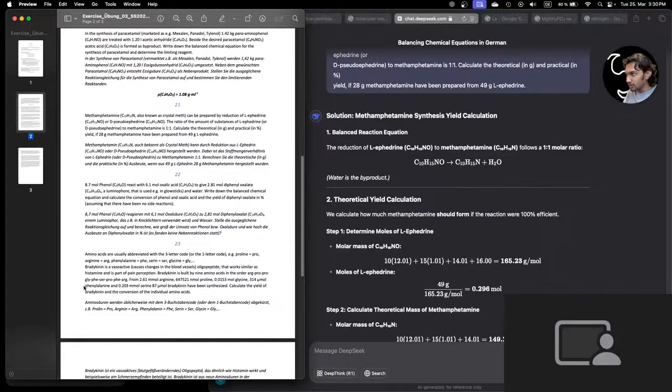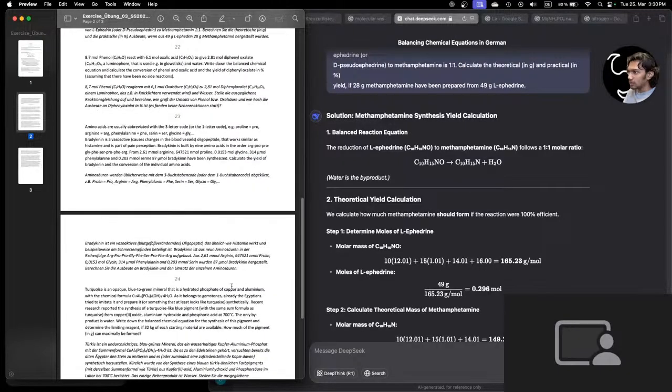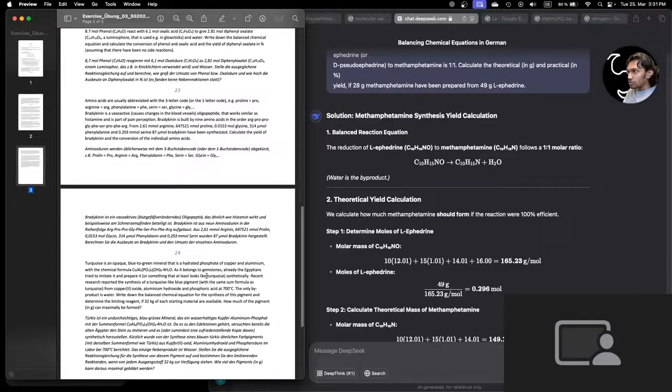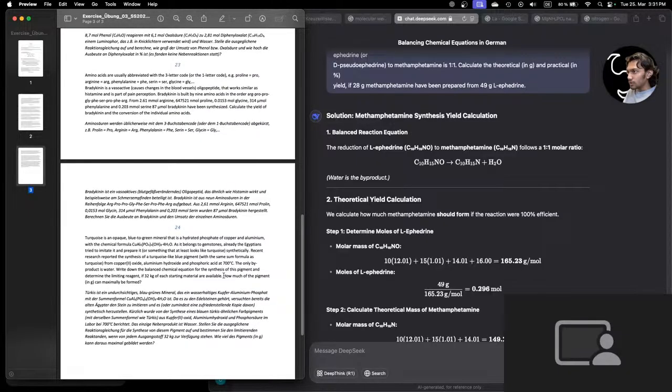Calculate the yield of bradykinin and conversion of the individual amino acids. Okay, and that's German. On this one, write down the balanced chemical equation for synthesis of pigment. How much of the pigment can maximally form? So that is one step further from the limiting reagent.